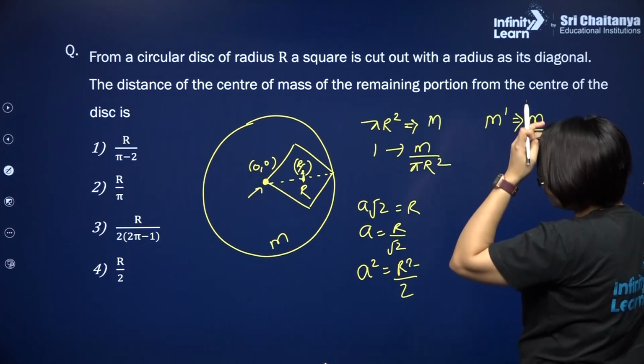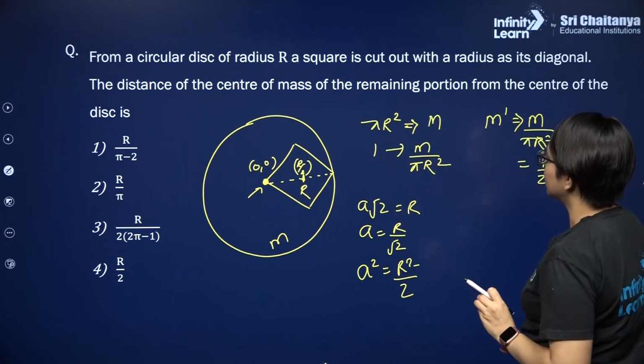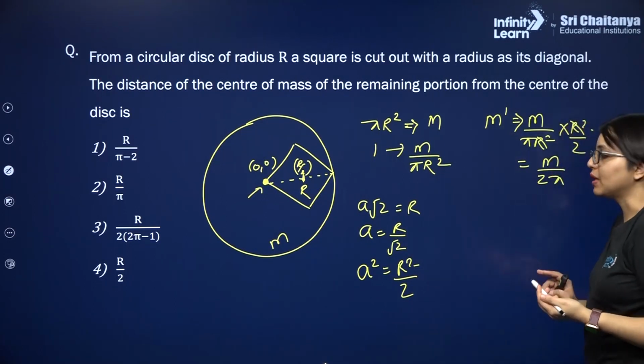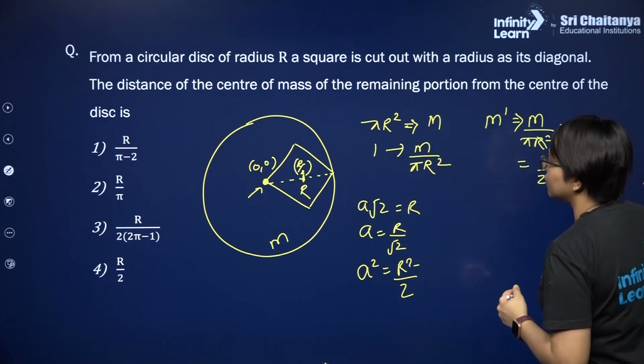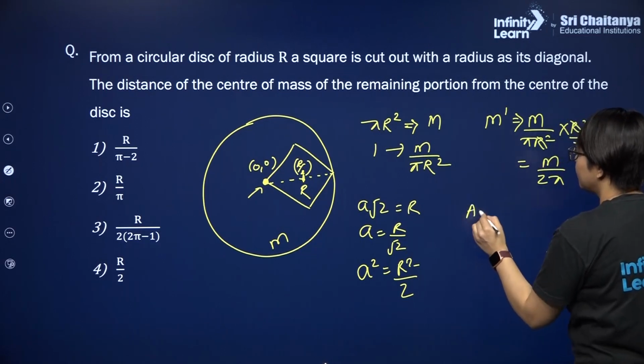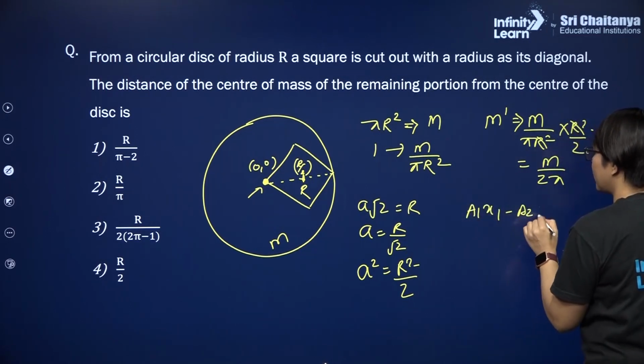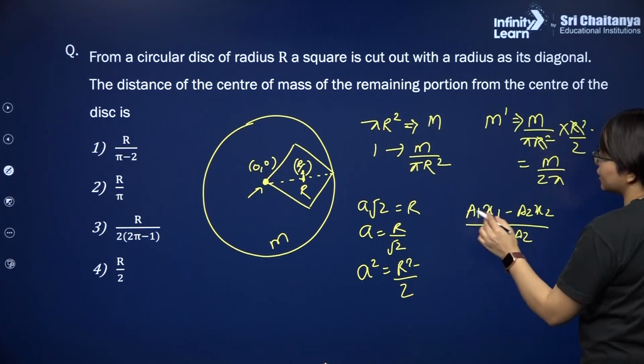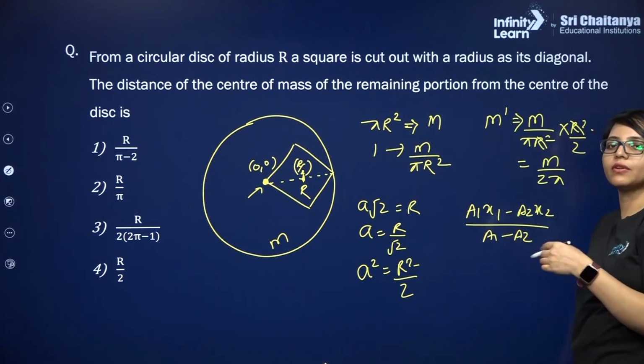So over here you can use this expression. That is how you can find mass, and the center of mass of the remaining portion will be a1 x1 minus a2 x2 divided by a1 minus a2, or m1 x1 minus m2 x2 divided by m1 minus m2.